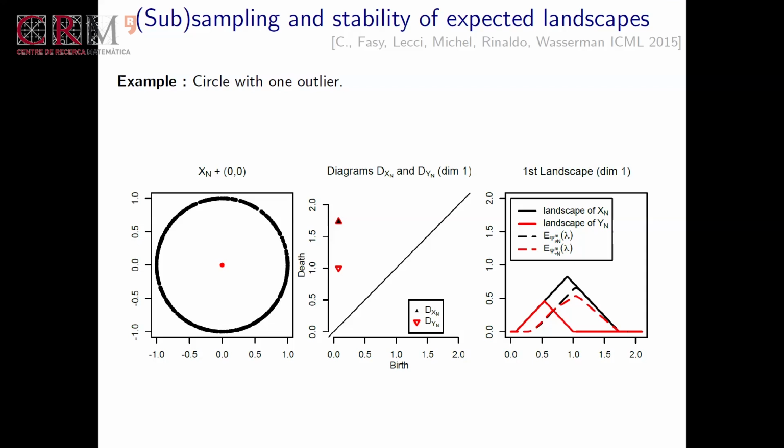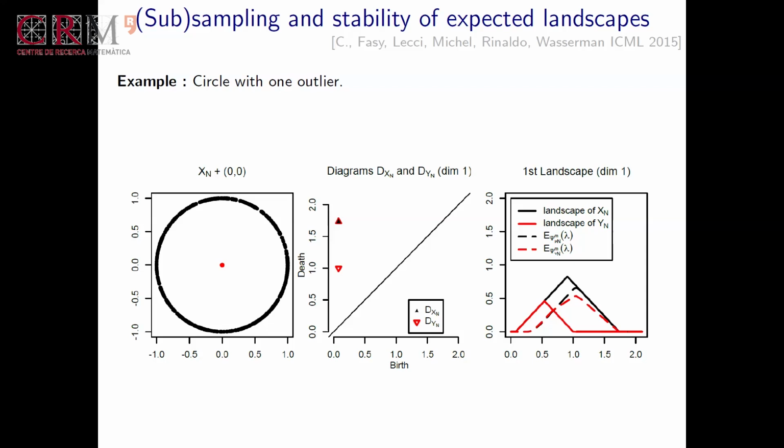I don't remember if I took the distance to the point cloud or the Rips, but it is related to the radius. If you put the point in the middle, as you grow a ball in the middle from the beginning, you will fill this cycle much earlier, and then you get the red persistent diagram. So the persistent diagrams are very different if you look at the whole point cloud.